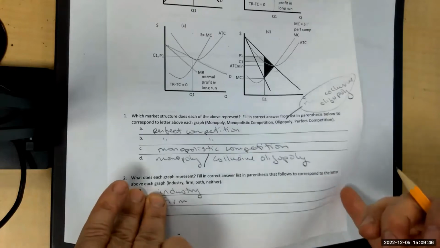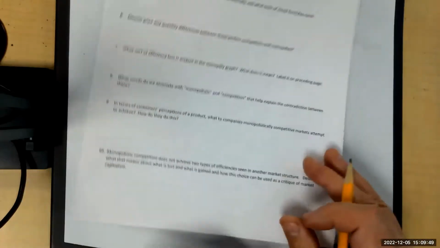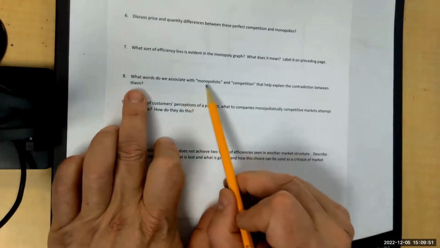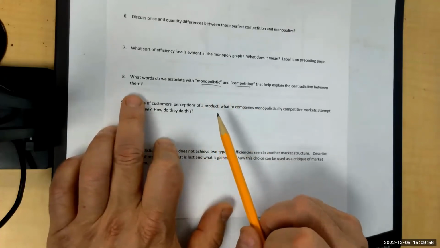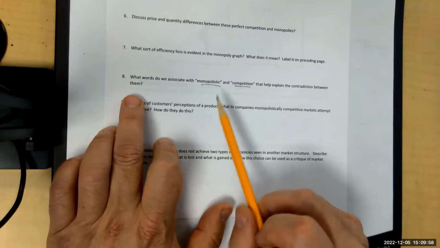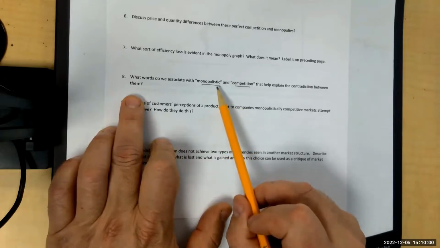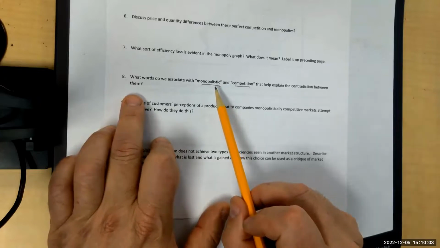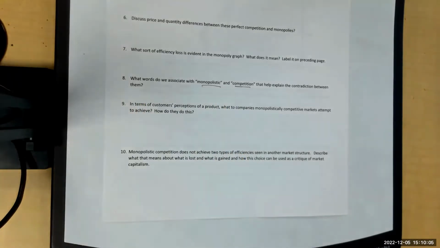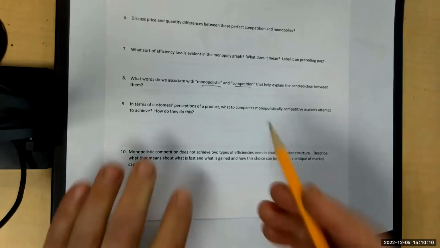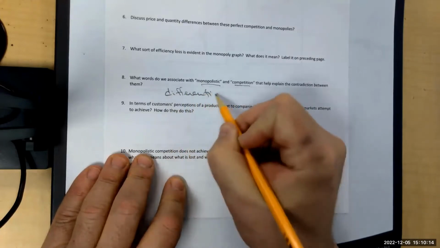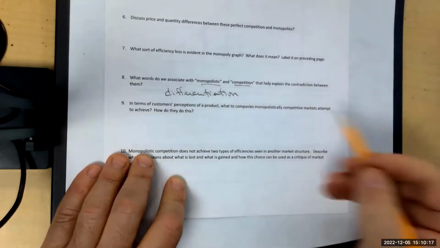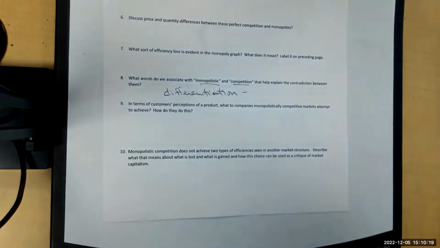On that note, let's turn this over real quick. What words do we associate with monopolistic and competition that help explain the contradiction between them? Monopolistic means what? What are they trying to do? Yeah, but they're trying to make you think they're the best product, but you have differentiation. And competition is because we're talking taco joints.